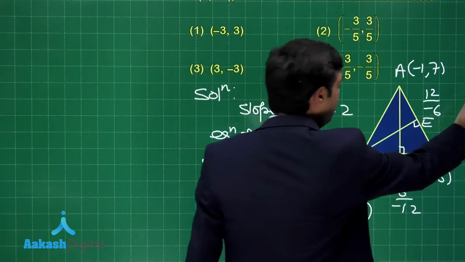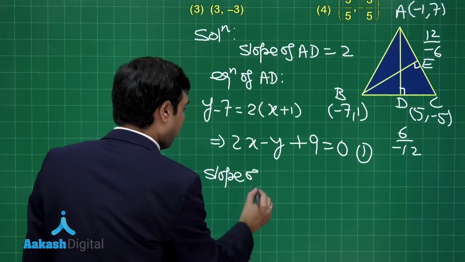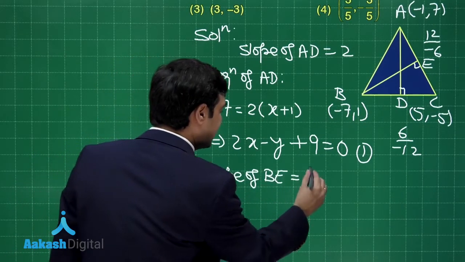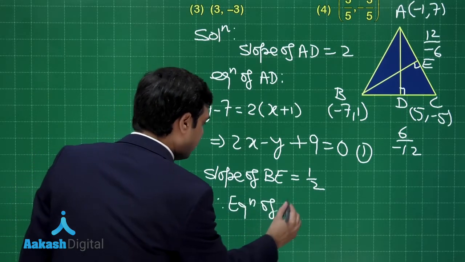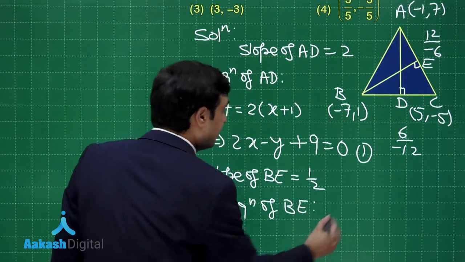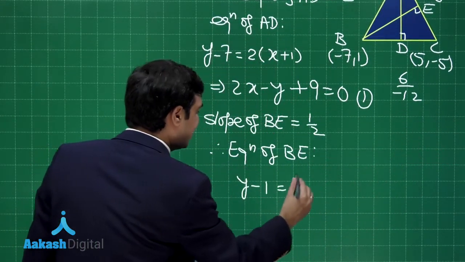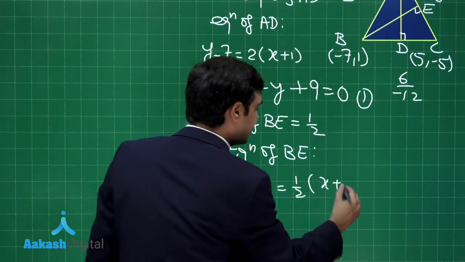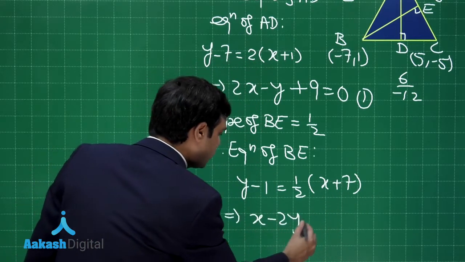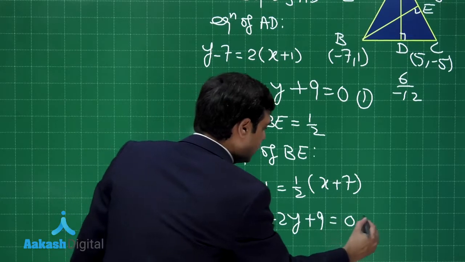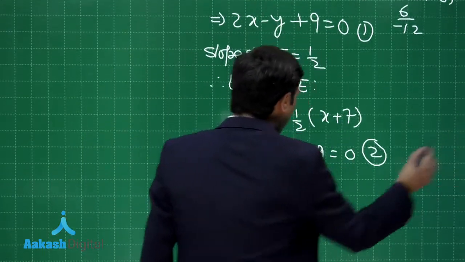So let's write down. Slope of BE is half. Therefore, equation of BE is y minus 1 is equal to half x plus 7, or just rewrite as x minus 2y plus 9 is equal to 0 as equation number 2. What else is required?